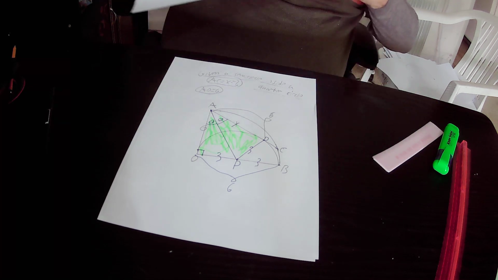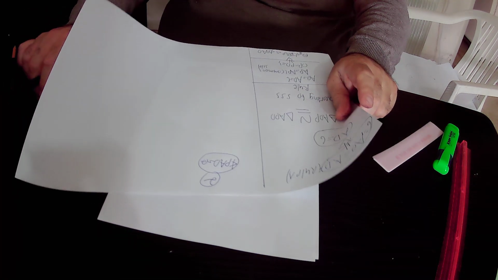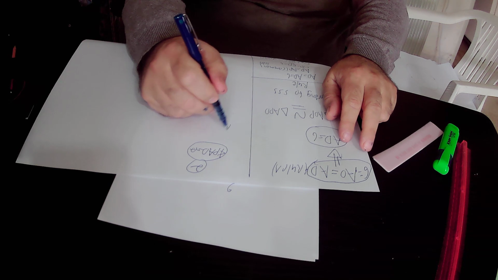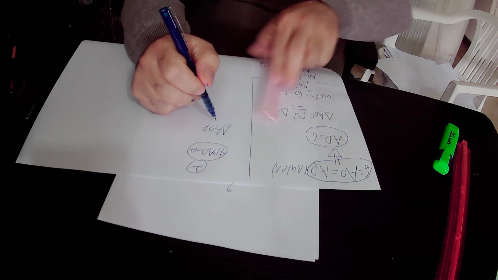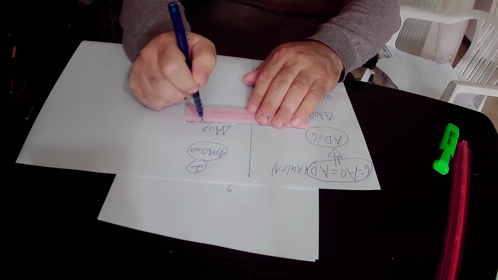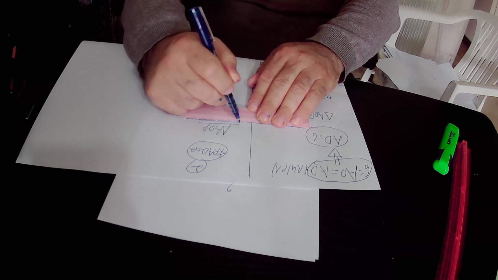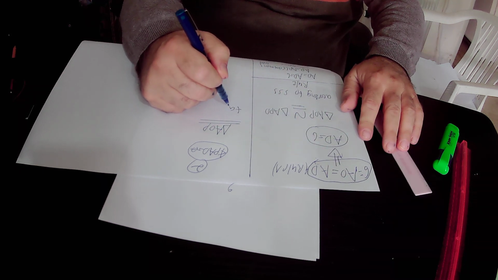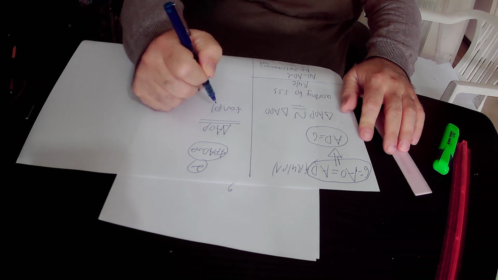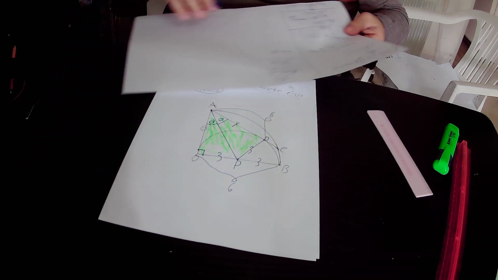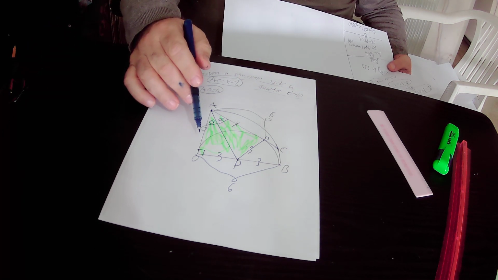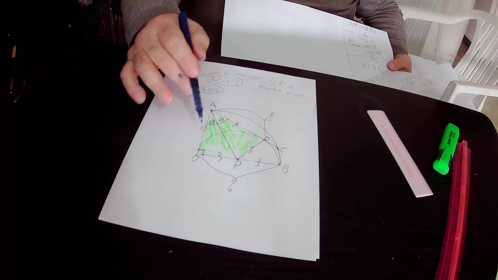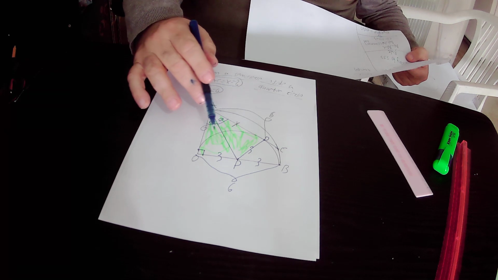In the right triangle AOP, we know that tangent theta equals OP over AO, or OP over OA.